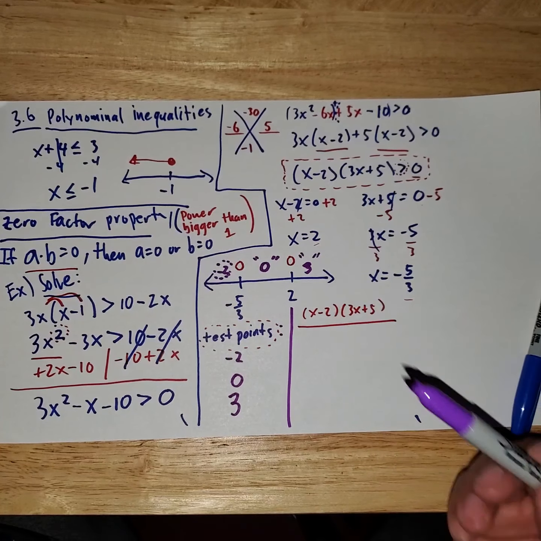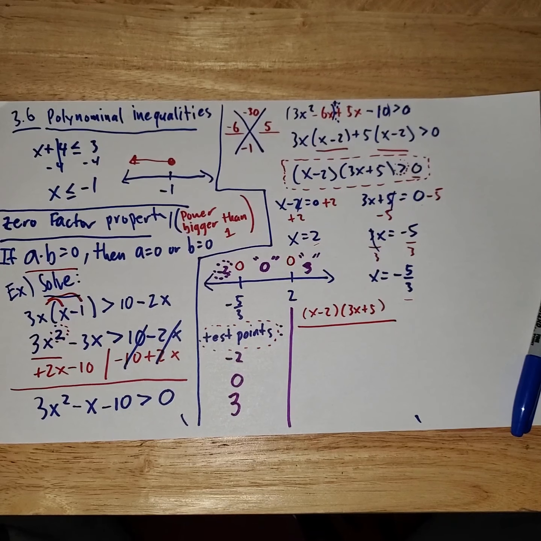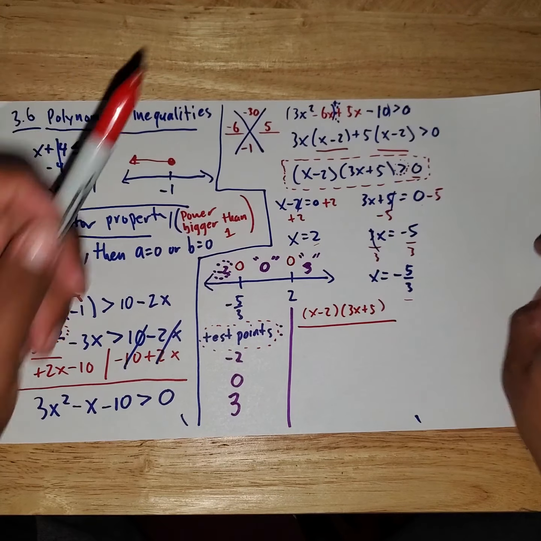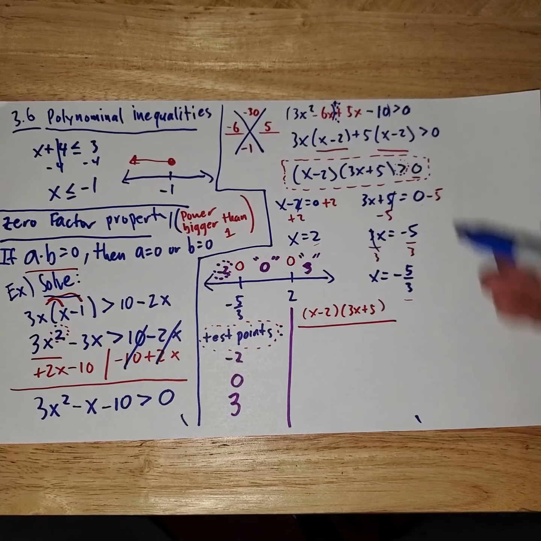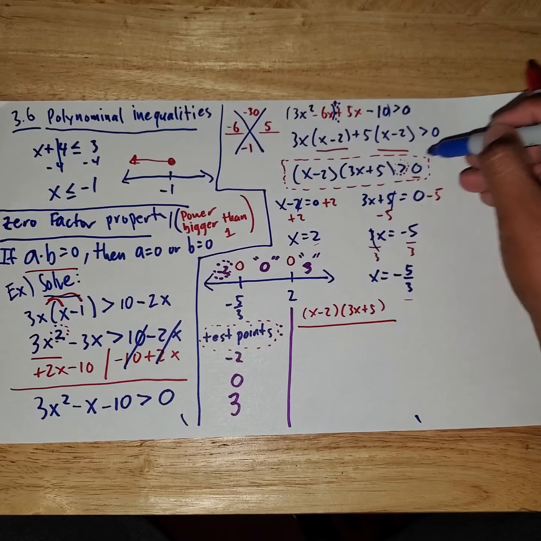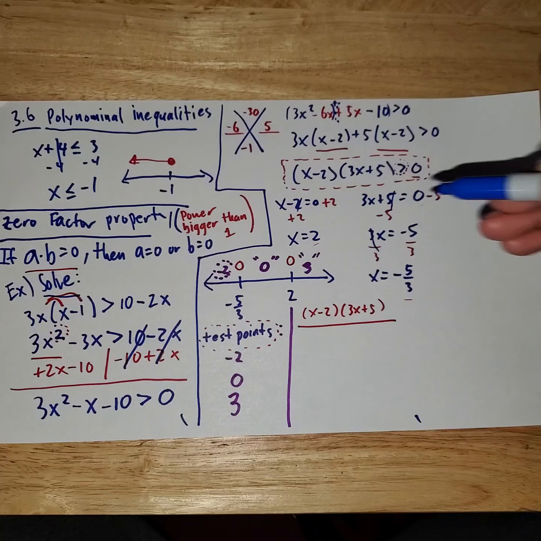And I got kind of mushy with these markers. Sorry about that. All right, so let's plug it in. I don't need to know the exact number. I just need to know what sign I'm getting. Because if I'm looking for numbers that are bigger than 0, I'm ultimately only worried about positive numbers.